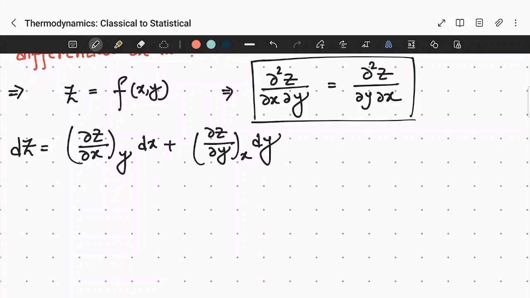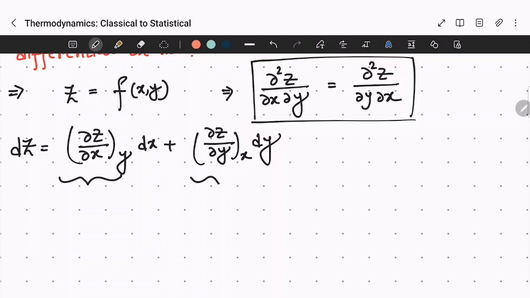You can think of it like this: dz is the change in z. Z is a function of x and y, so z will change when x and y change. There are two contributions. When x is changing and y is constant, z will change, and that part is this.